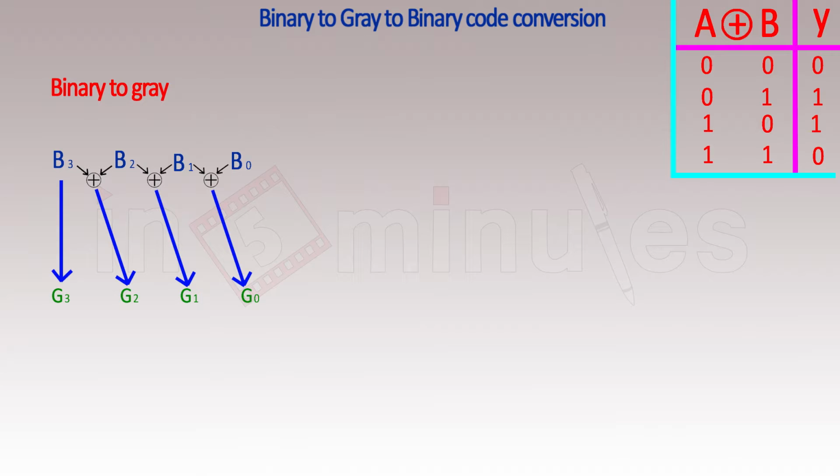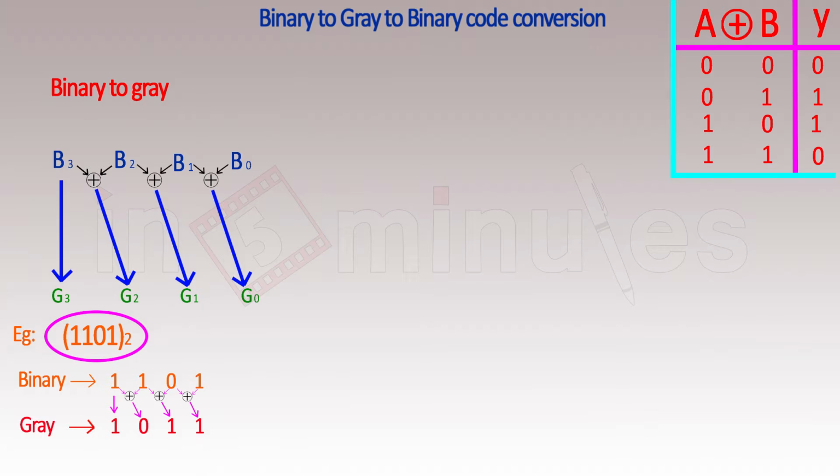So let us try to solve a small example based on this. For example, I am going to consider 1101 as a binary code. I will write down B3, B2, B1 and B0, and to get the respective gray code, I will write down the first bit as it is, that is nothing but 1.